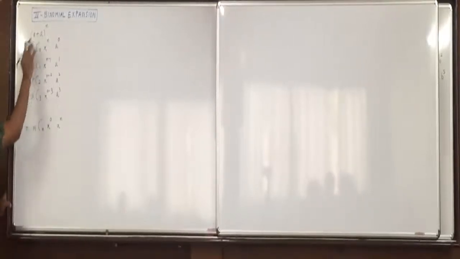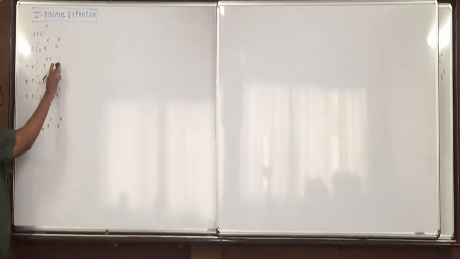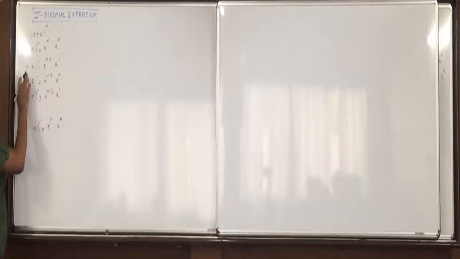And in between, if the sign is minus, not everywhere minus. Be attentive, if the sign is minus, then you do minus plus minus plus minus plus and so on. The reason, if the sign is minus means second number is negative. What will be minus a raised to 1? Minus power 1 will be negative only, so it will become minus.